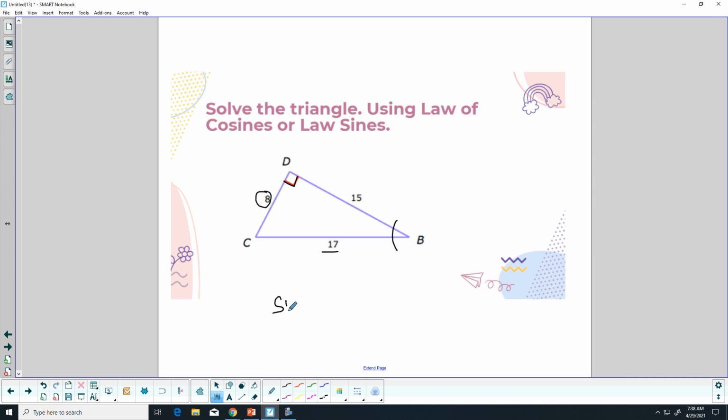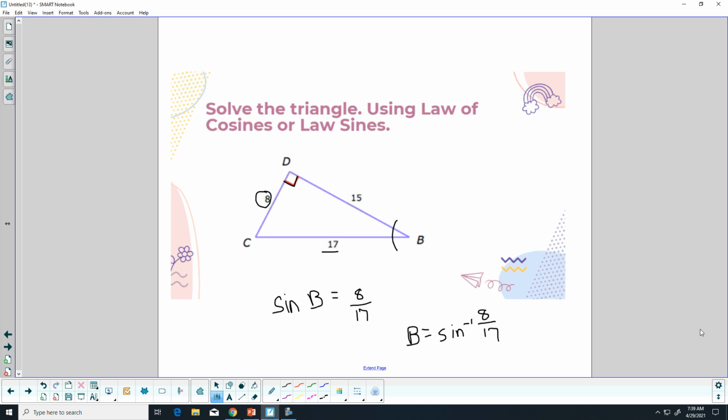So the sine of B is going to be this opposite over the hypotenuse, and I'm actually looking for B, so B is going to be the inverse sine of 8 over 17. And I could have used the law of cosines to do this, but I think this one is just going to be easier.